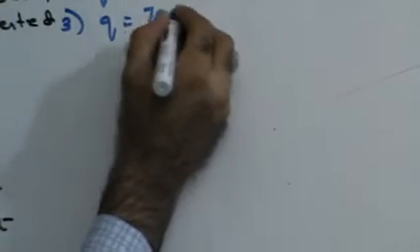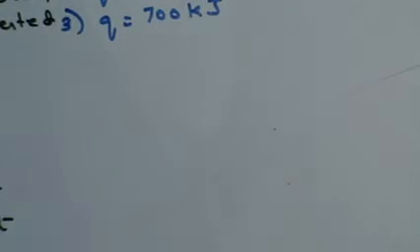Next, take on next one please. A system absorbs 700 kilojoules of heat energy and performs some work.